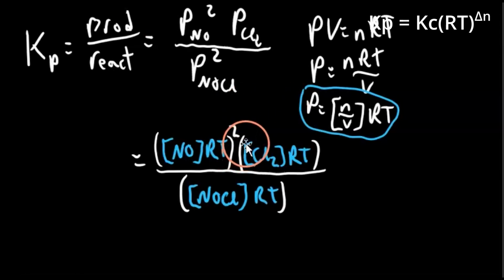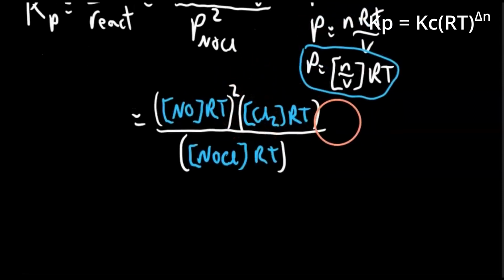Okay, now here we can simplify this, but I'm going to include this 1 here. There's a reason I'm doing that, just so you can see where the equation comes from. So when we simplify this, we'll put all the concentrations together.